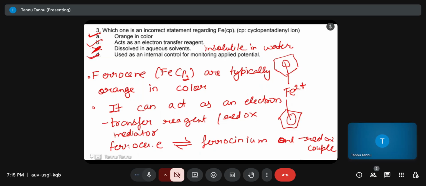Because of its redox mediation, it is known as a one electron redox couple, and it is often used for calibrating the applied potentials versus SHE, RHE, etc. So it acts as an internal standard for monitoring applied potentials.